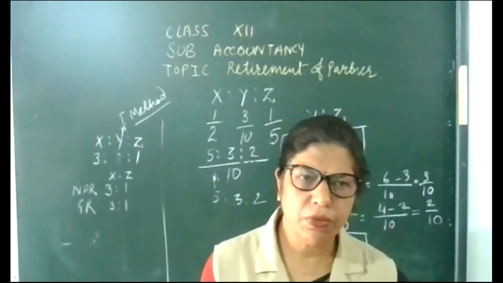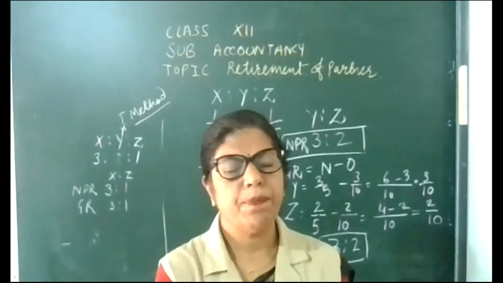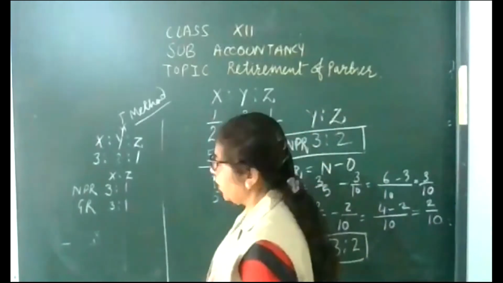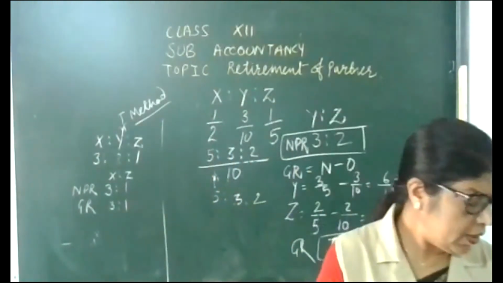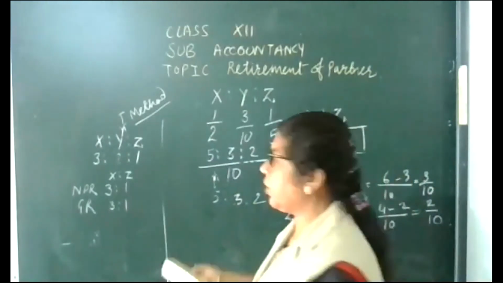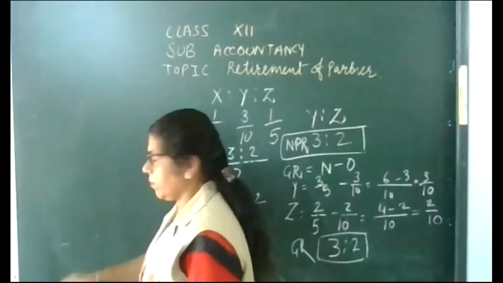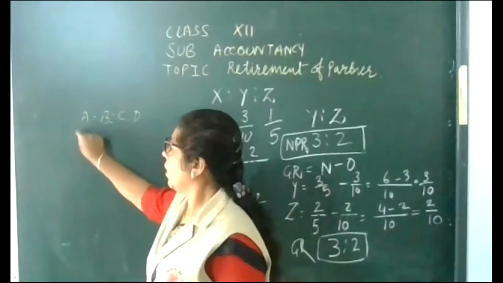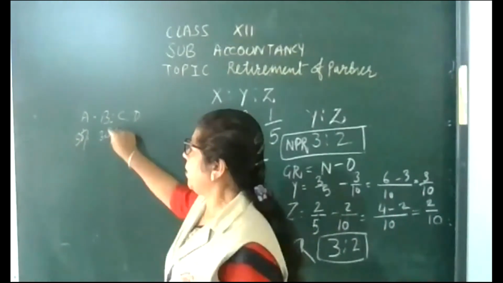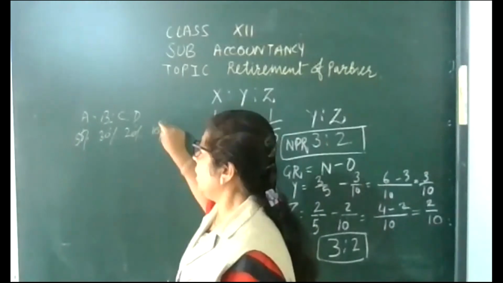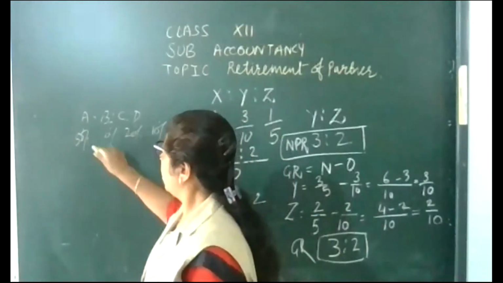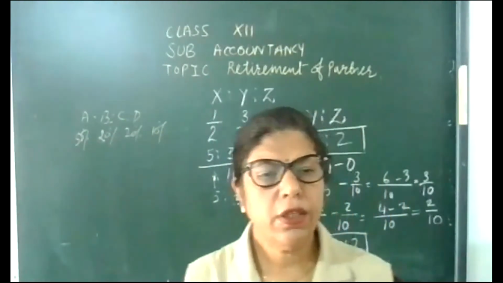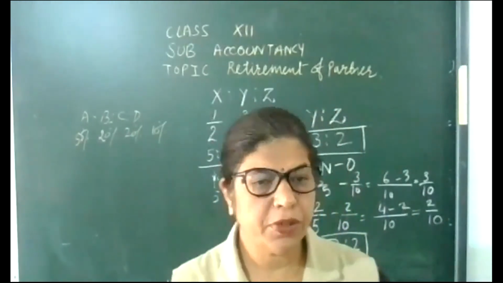Okay, now I am giving you the question. Please note down. A, B, C, D are partners with 50%, 30%, 20%, actually 50%, 20%, 20%, and 10%.